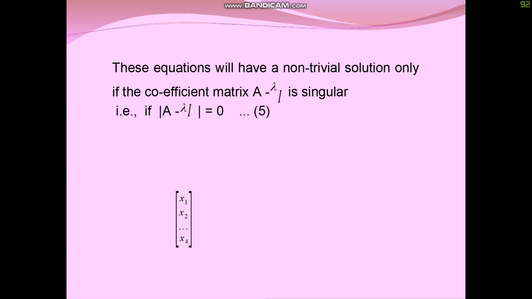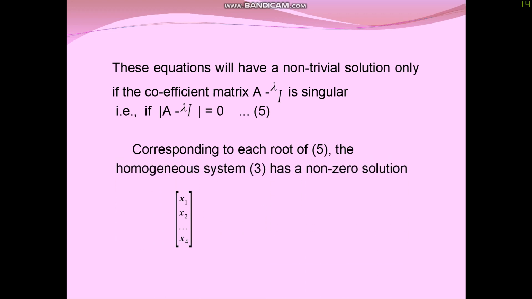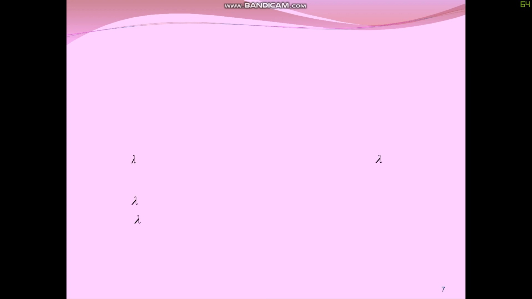If the determinant of A minus lambda I equals 0, then corresponding to each root of lambda we get a homogeneous system that has non-zero solutions. For example, x equal to x1, x2, x3, up to xn is called an eigenvector of the matrix.